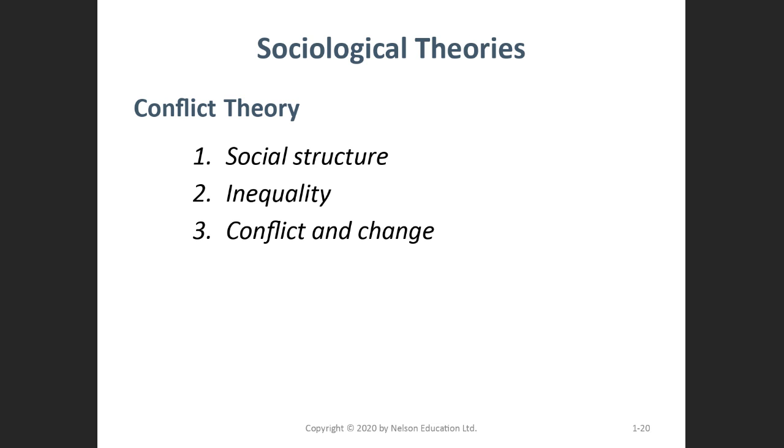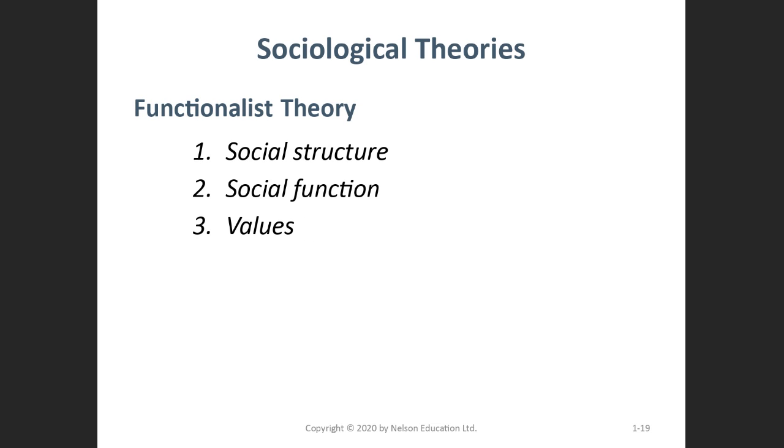But now I want to switch over to the other theory, conflict theory. The main difference between the two theories is that functionalist theory's central operating assumption is that societies tend to reach an equilibrium, and that societies that have reached an equilibrium develop mechanisms to maintain that equilibrium.